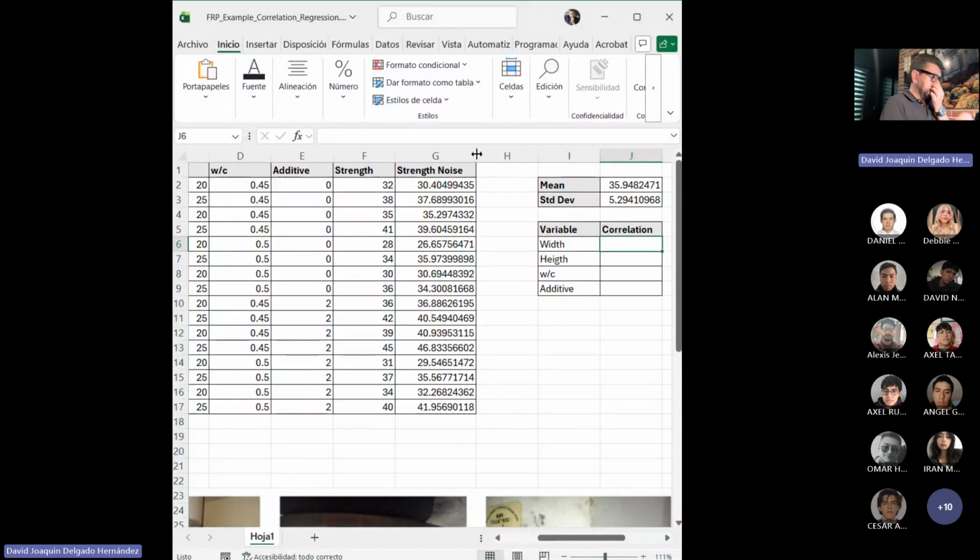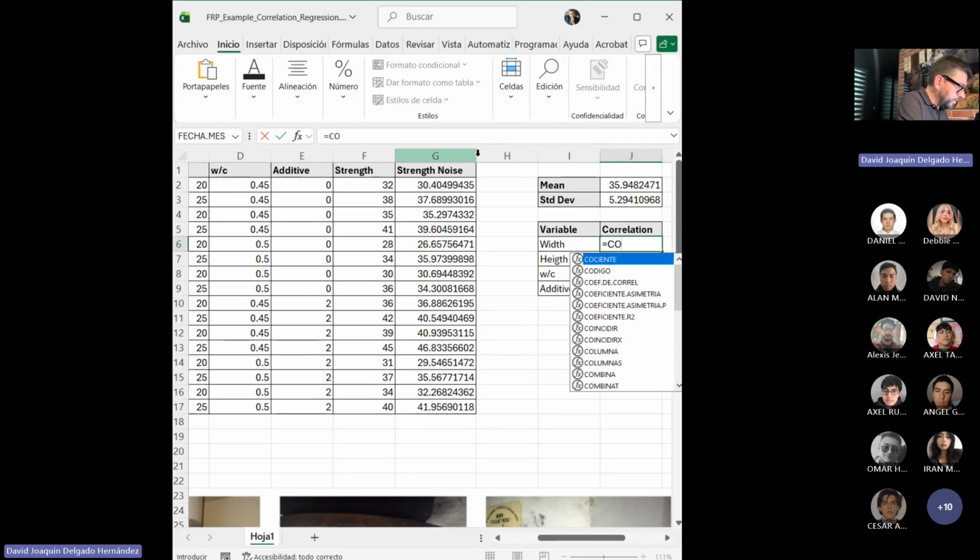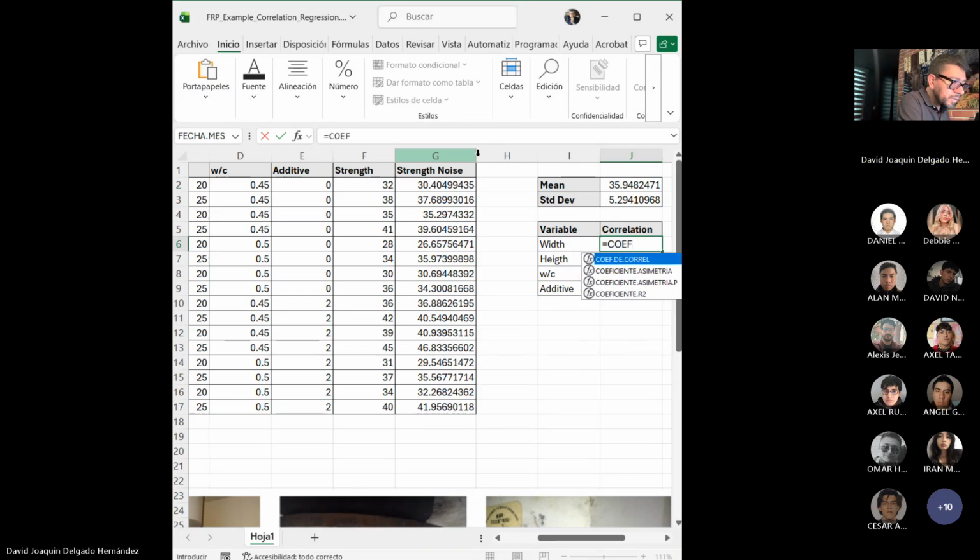Okay. So here is the formula. Look, you should put equals. In Spanish, it is coef de correl, which is related to the correlation coefficient, okay?